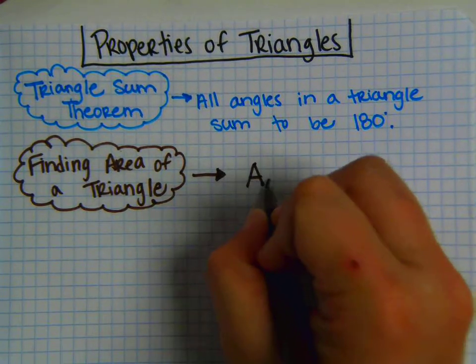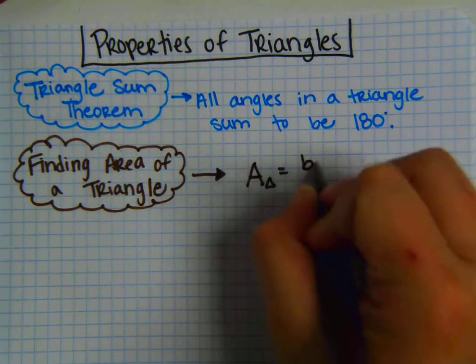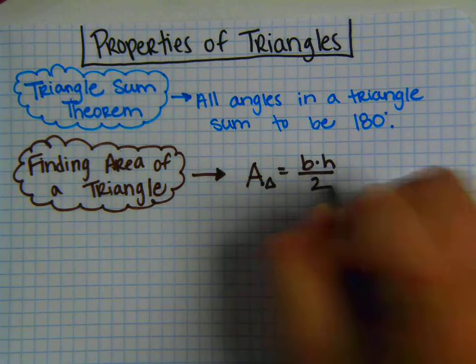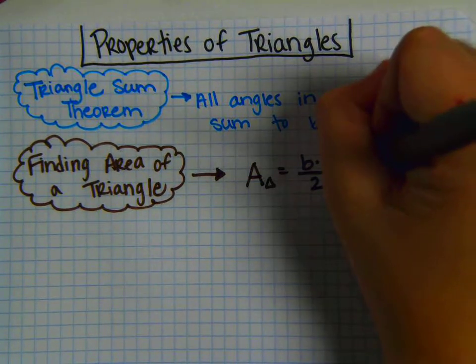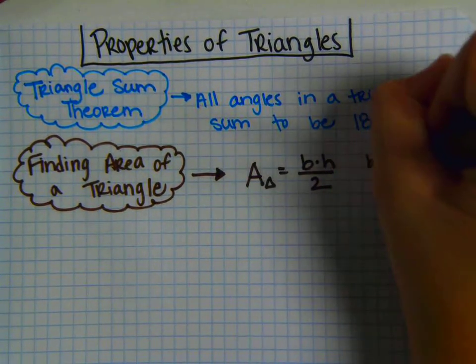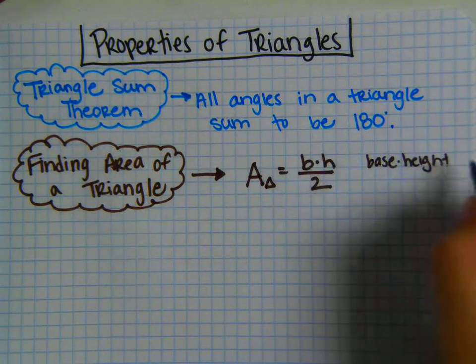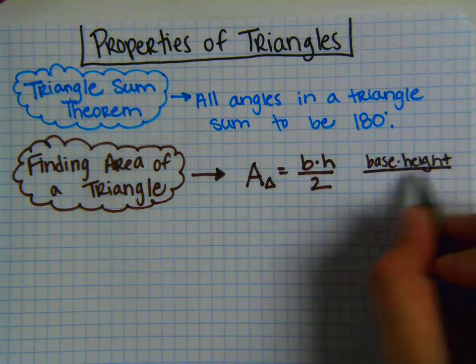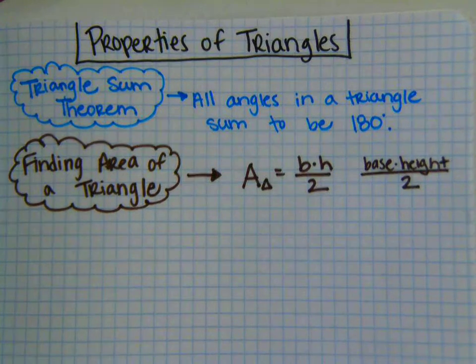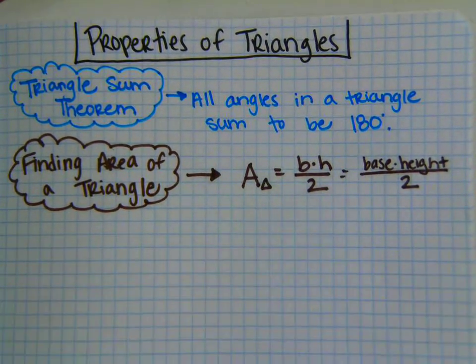Area of a triangle is always base times height divided by 2. Okay, so base times height divided by 2. That's how to find the area of a triangle, okay? Now, again, you probably already knew that. So let's do a couple of examples.